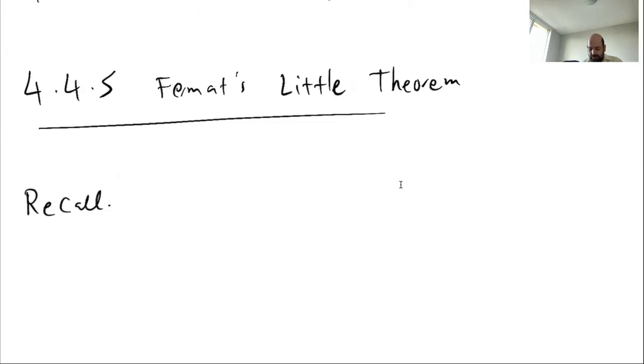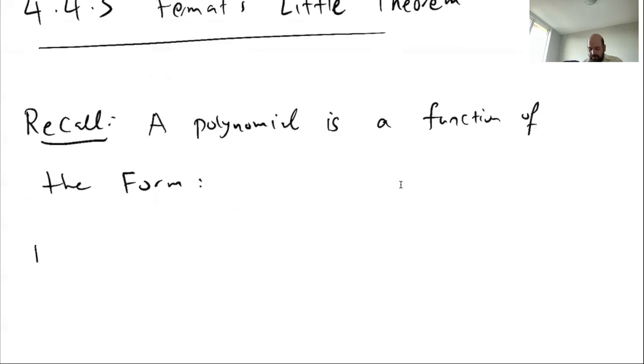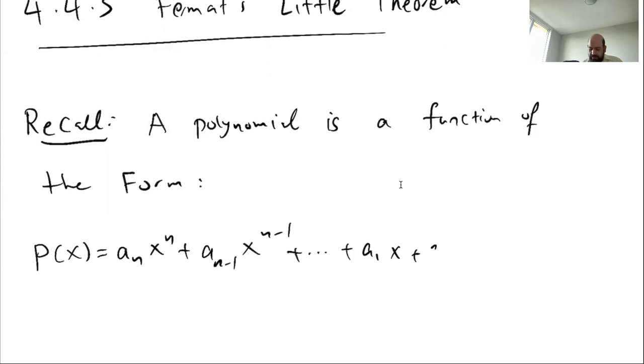So recall, a polynomial is a function of the form P of X equals an x to the power n plus an minus 1 x to the power n minus 1 plus ... plus a1 x plus a0, where an is not equal to 0, and a0 to an are real numbers.